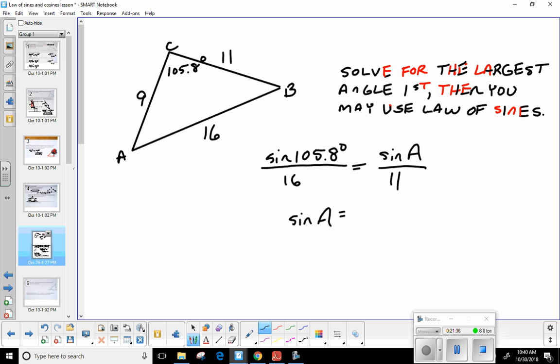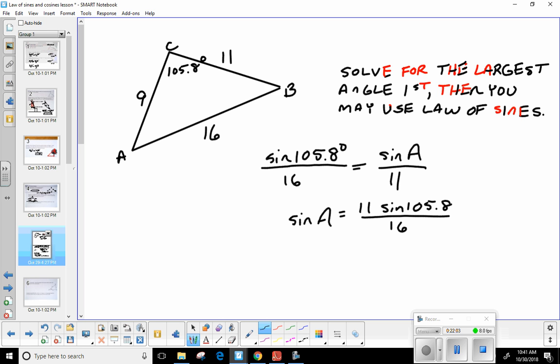Now, can someone tell me what the expression for sine of A should equal once I cross multiply and divide? Okay. And Christian, what am I going to be dividing by? Okay. So I should have 11 sine of 105.8 all over 16. Would everybody agree? Okay.